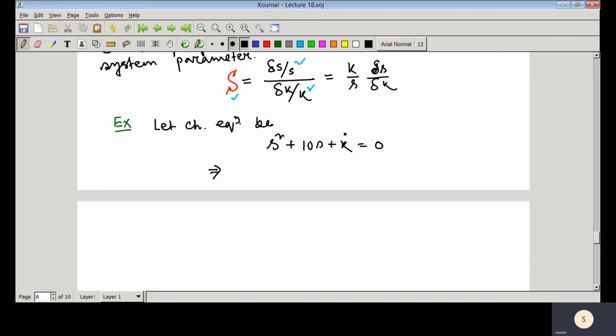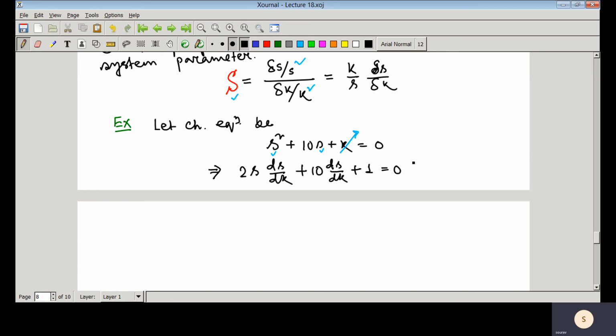Here you can understand that whenever this K varies, then those S, that means the roots, are functions of K. So we can take the derivative of S with respect to K. Then we get 2s dS by dK plus 10 dS by dK plus 1 equal to 0.